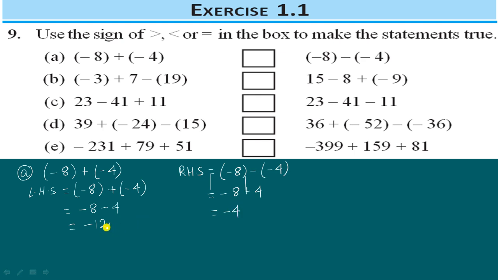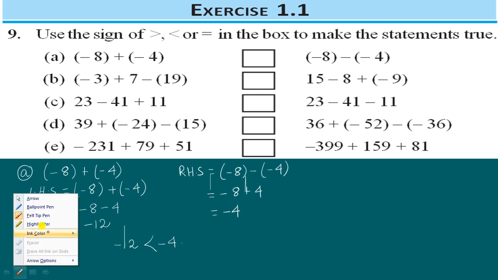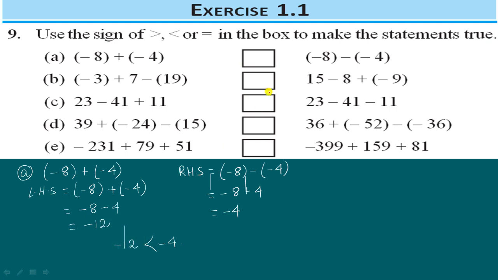Now you see here the value of the left hand side is minus 12, this is minus 4, but minus 12 is less than minus 4. Therefore, the sign will be less than, right? Here we are taking it as minus 8 plus minus 4 is less than minus 8 minus of minus 4, right?